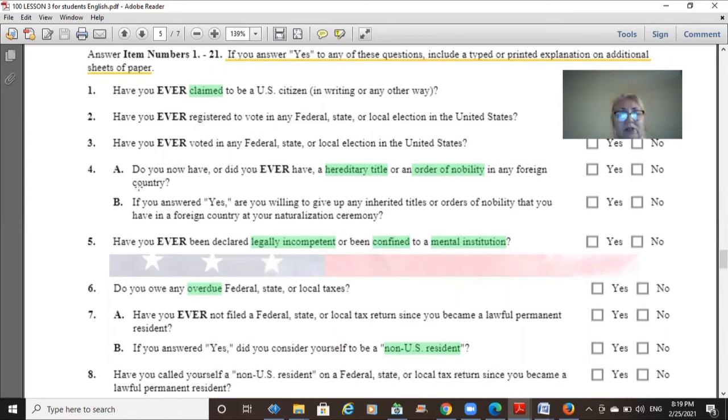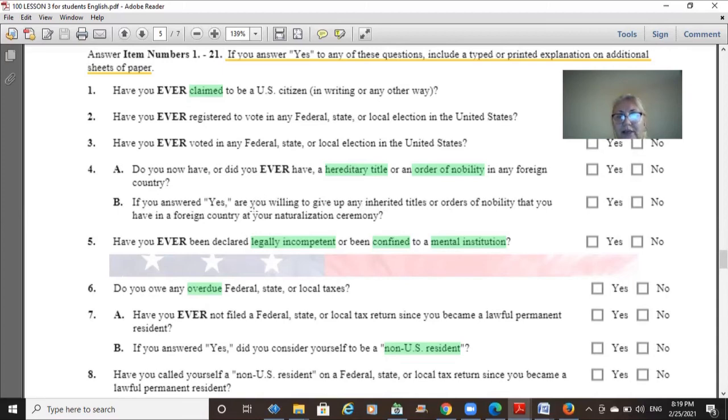If you answered yes, are you willing to give up any inherited titles or orders of nobility that you have in a foreign country at your naturalization ceremony?